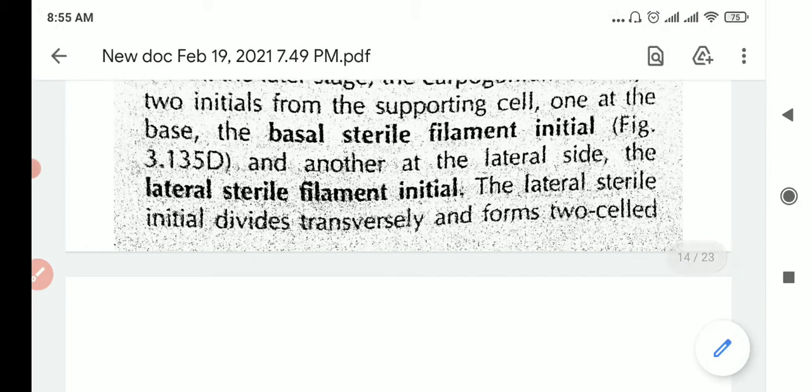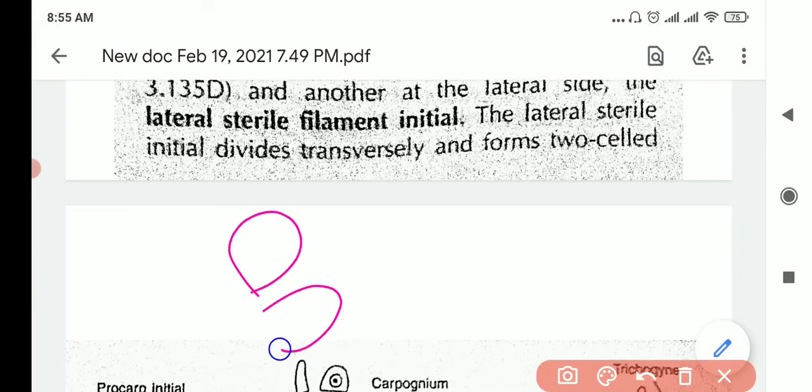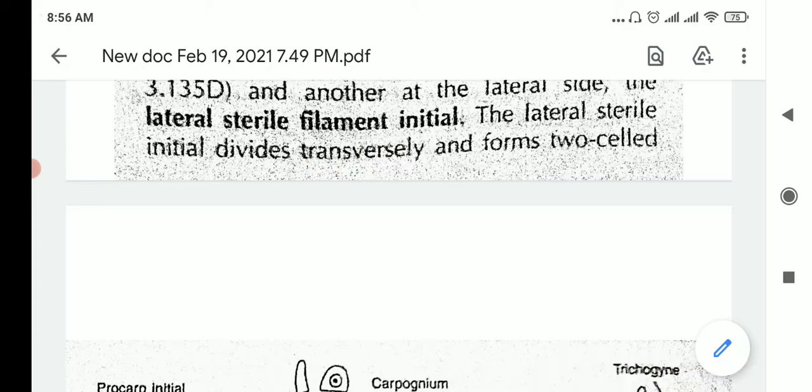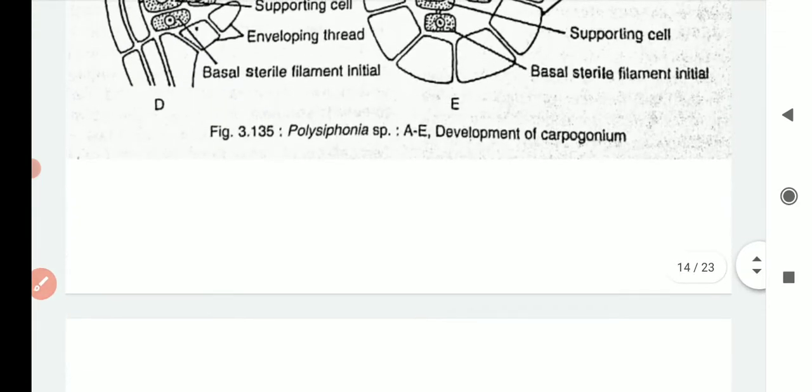Okay, now remember, this is the supporting cell, this is the basal cell. There were two lateral cells. From these lateral sterile initial cells, they will divide this way and form two-celled lateral sterile filaments.